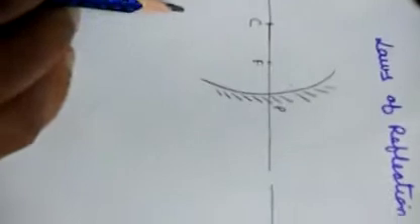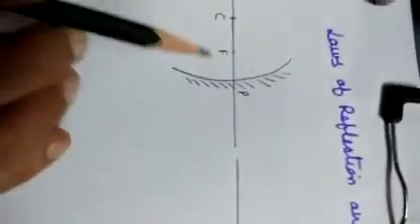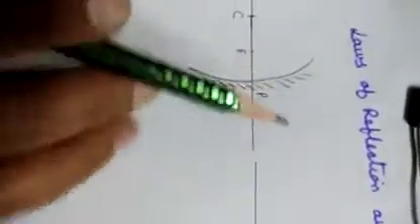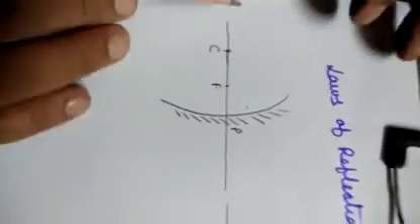But for our convenience, we generally consider only 2 rays out of the 4 types of rays while making the ray diagrams for locating the image of an object.